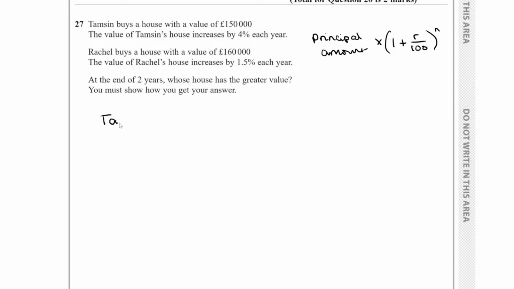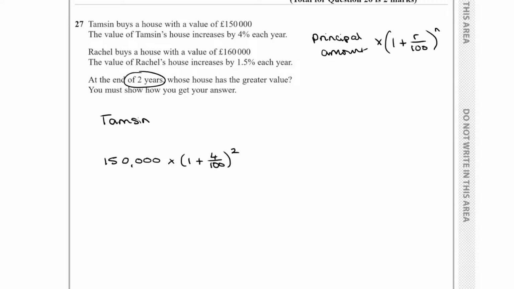So Tamsin, her initial amount or her principal amount, the starting value basically, what is she starting with, is 150,000, isn't it? 150,000. And then you times that by 1 plus, what's her percentage? 4 over 100. And then it's 2 years, isn't it? So to the power of 2.